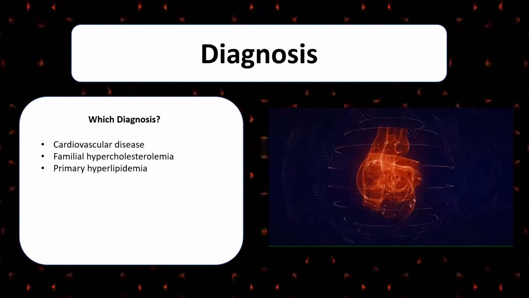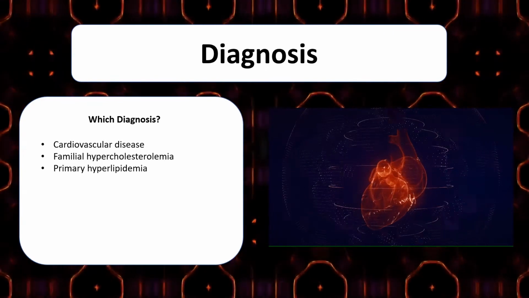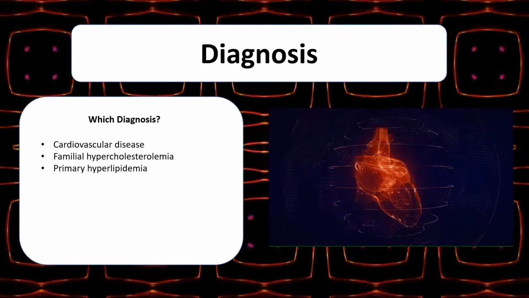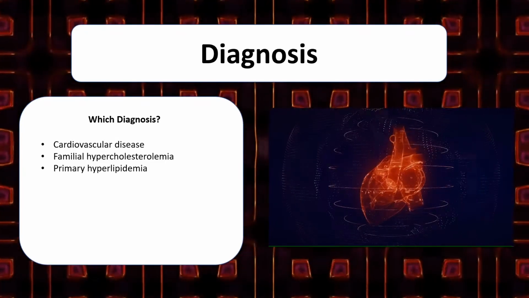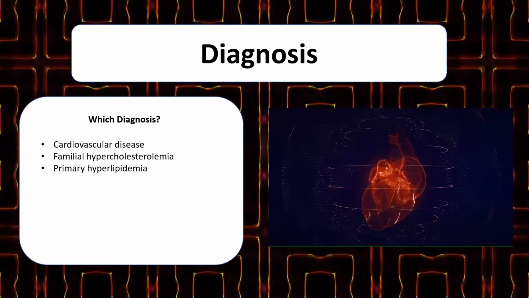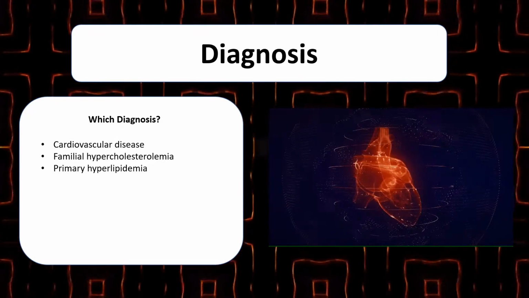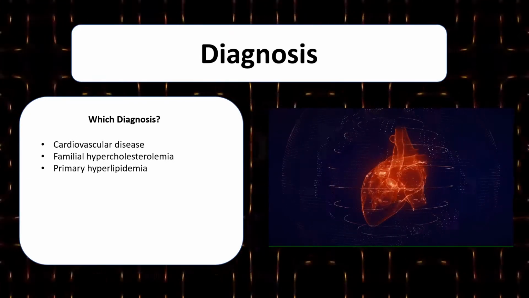Typically, you're going to want to pick one, and they're actually listed in alphabetical order, but they're also listed in ease of approval. Cardiovascular disease being the easiest, second easiest being familial hypercholesterolemia, and lastly being primary hyperlipidemia, and of course even beyond that would be for just other indications that it would not be FDA approved for.